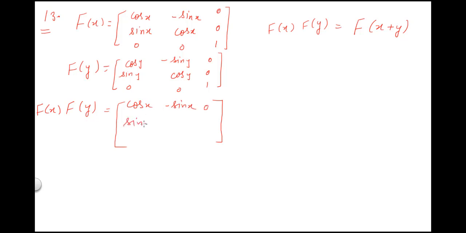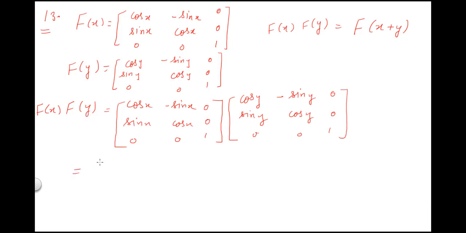Then sin x, cos of x, 0, and 0 0 1. The second is, you see both the matrices have the same order, 3 cross 3. So definitely the matrix multiplication is possible here. Let us write the second matrix, which is cos of y, then minus sin y, 0, sin y, cos y, 0, 0 0 1.